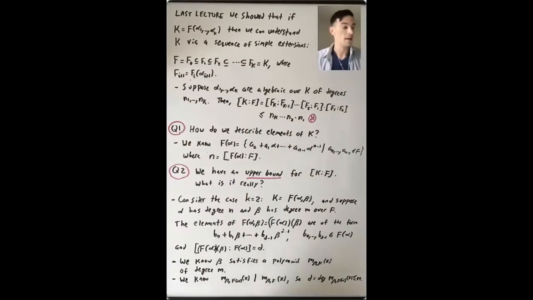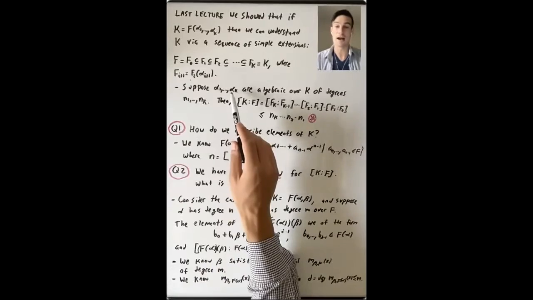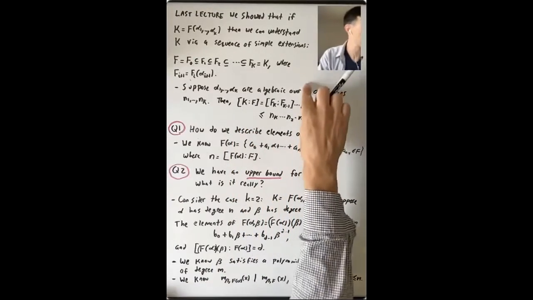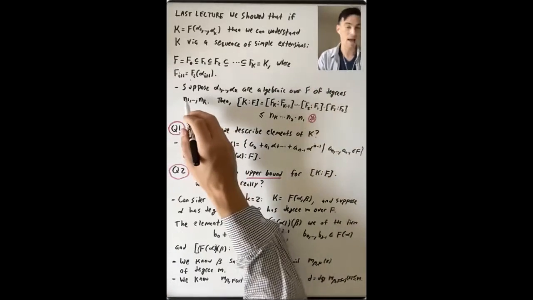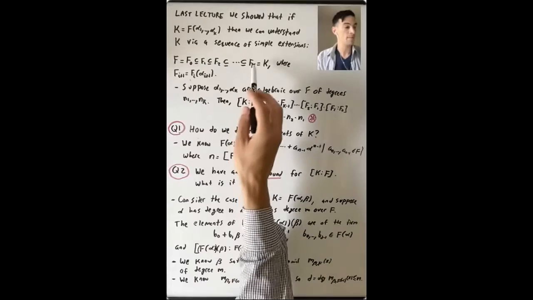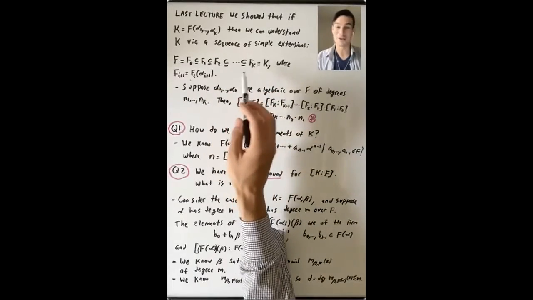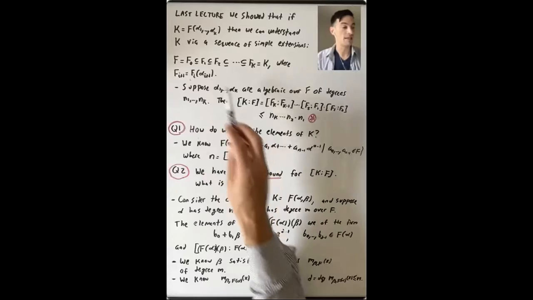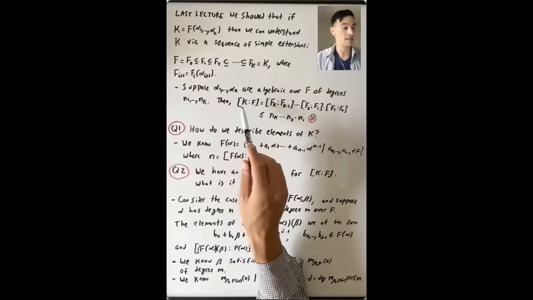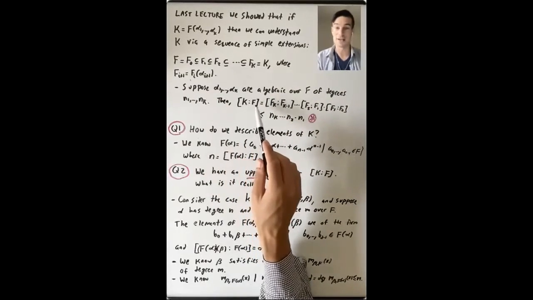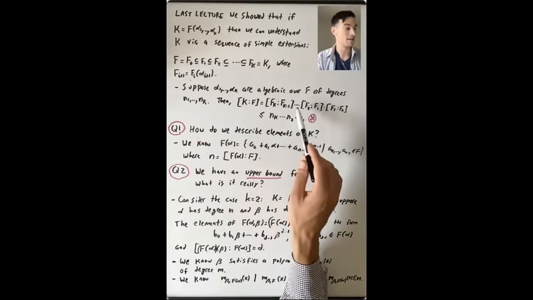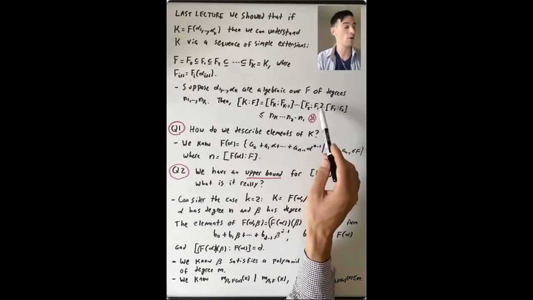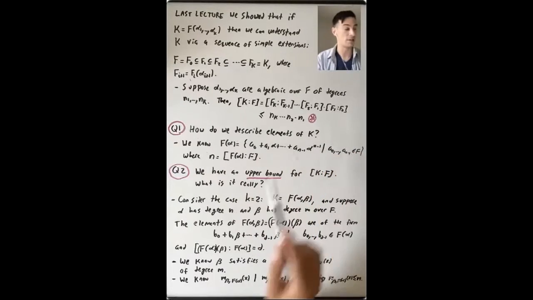And we saw that in the case that alpha 1 up through alpha k are algebraic over F, of degrees n1 up through nk, then because we know something about the degrees of simple extensions, we see by the multiplicativity of the degrees that the degree of K as a field extension of F is equal to the product of the degree of Fk over Fk minus 1 times the degree of F2 over F1 times the degree of F1 over F0.